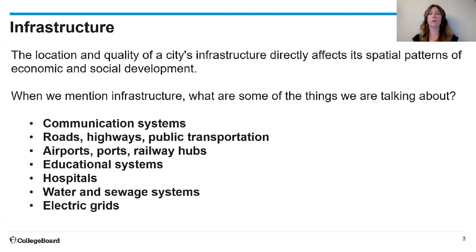Well, first of all, when we mention infrastructure, some of the things that we talk about are communication systems, our transportation like roads, highways, public transportation, airports, ports, railway hubs, our educational systems, so schools, universities, water and sewage systems, and our electric grids. So these are all things that we talk about when we mention infrastructure.